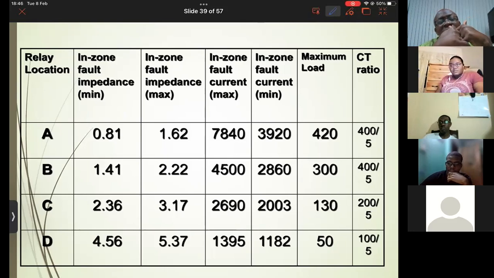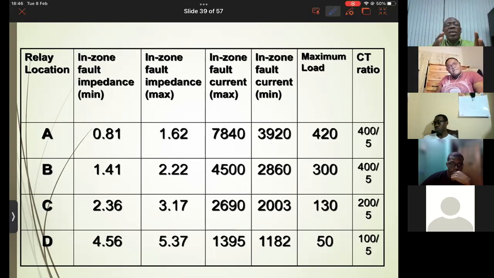So in other words, ideally, if a fault occurs that B is required to clear, and it doesn't clear it, A is supposed to back it up.